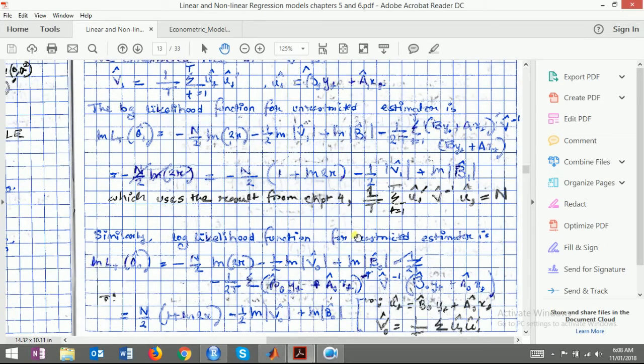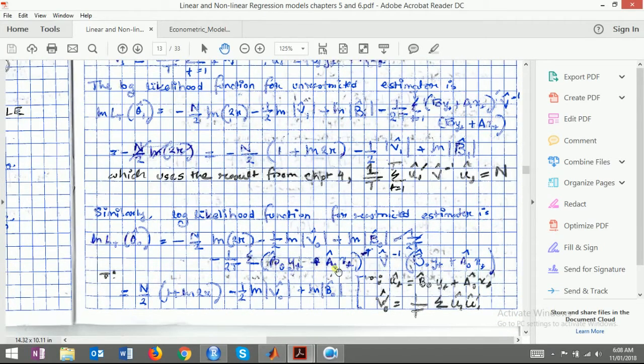Similarly, the log likelihood function for the restricted estimator is again first bringing in all elements. Well, ut is beta naught yt plus a xt. We already know that. V inverse is 1 by t, ut transpose, we also know that.